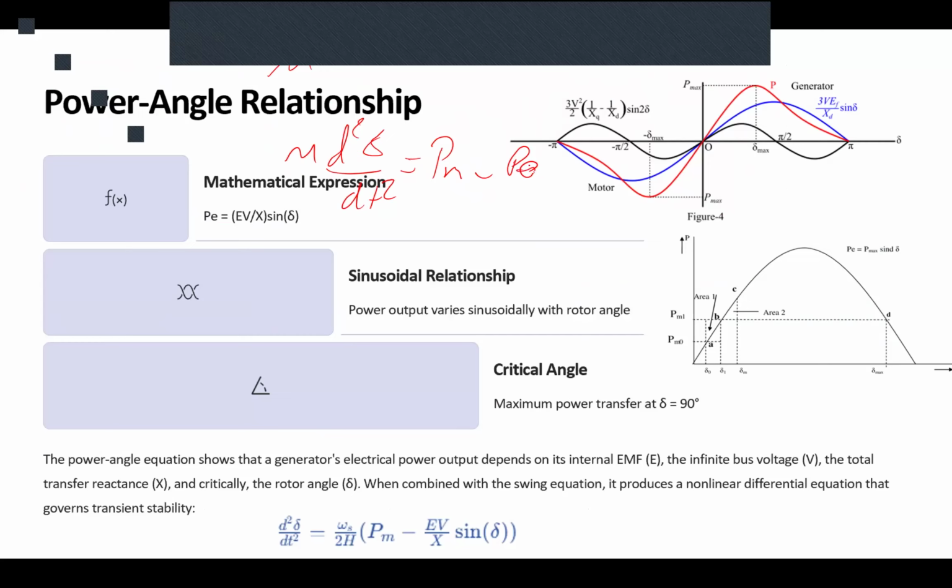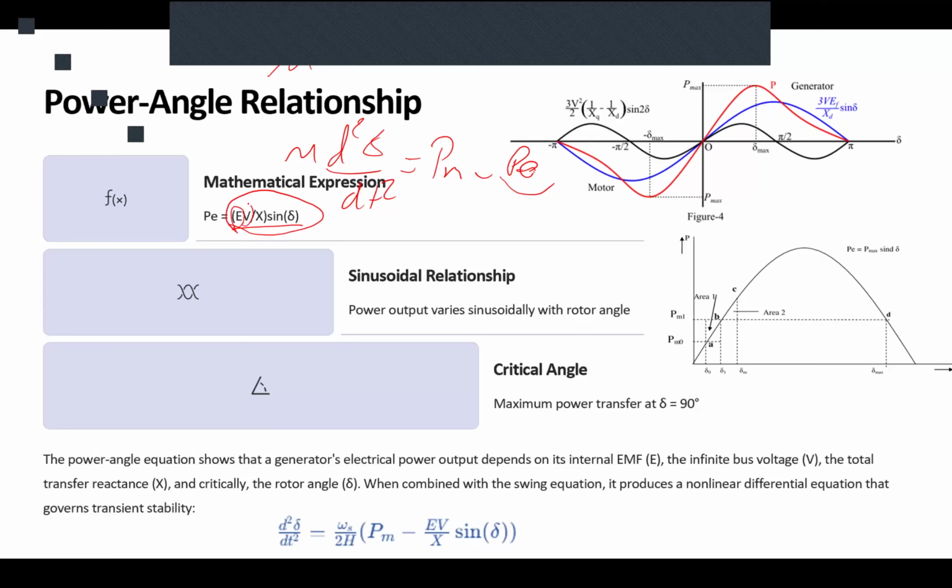But we already know that if we have a power system, Pe, based on the assumption that our source is a voltage and a reactance, is going to be EV over X times sine of delta. It is the same as the power flow that we have.